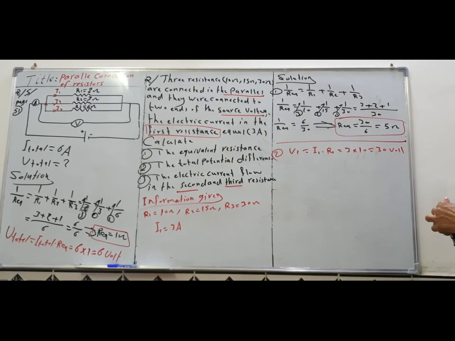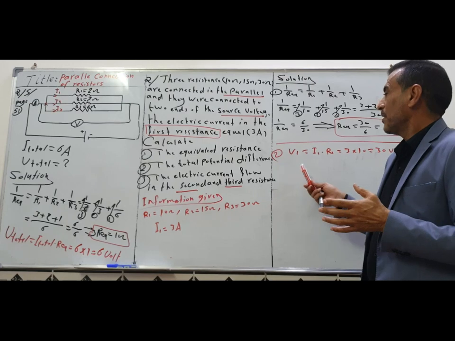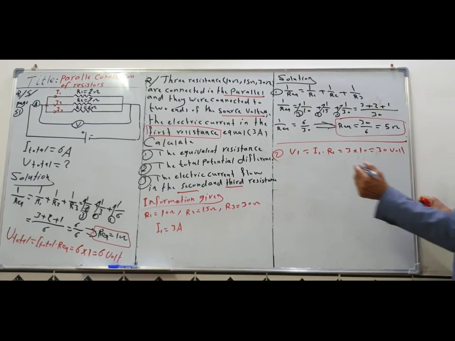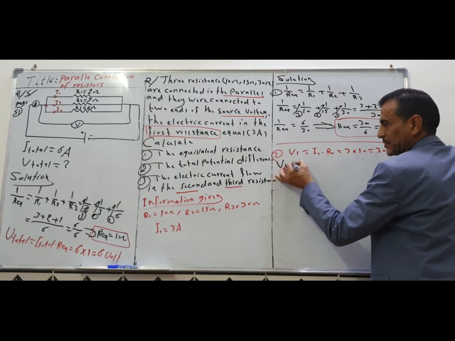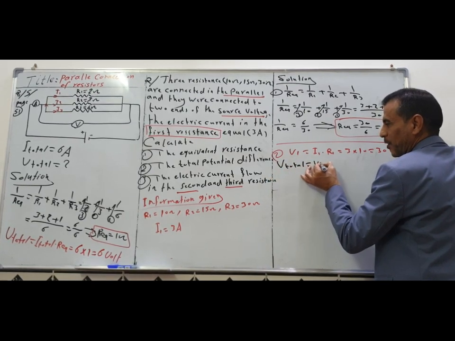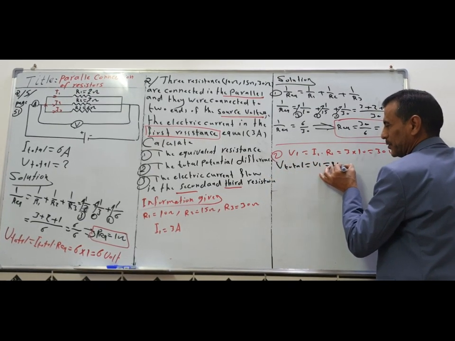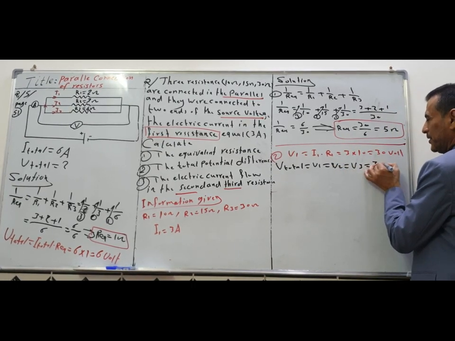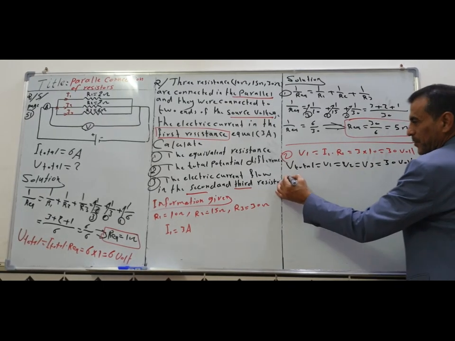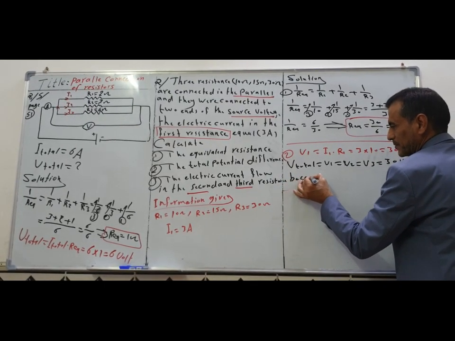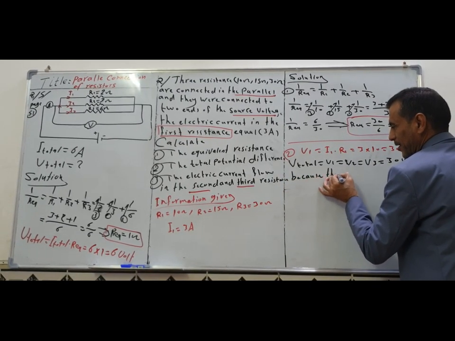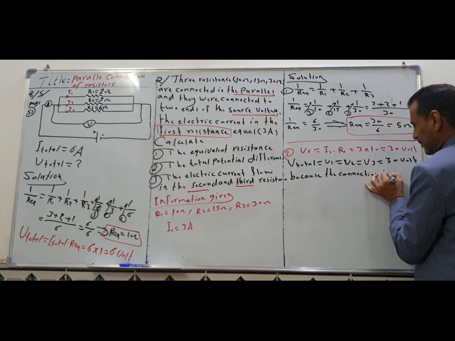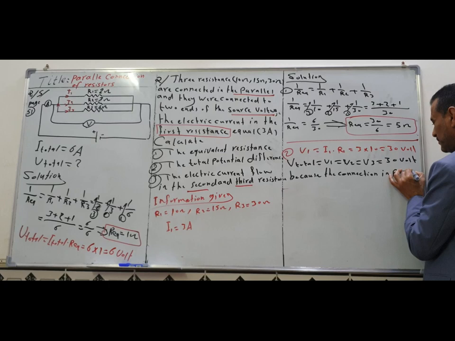But this is the potential difference of the first resistance, and in the parallel connection V total equals V1 equals V2 equals V3 equals 30 volt, because the connection is in parallel.